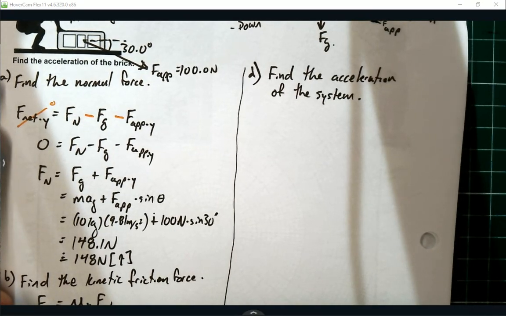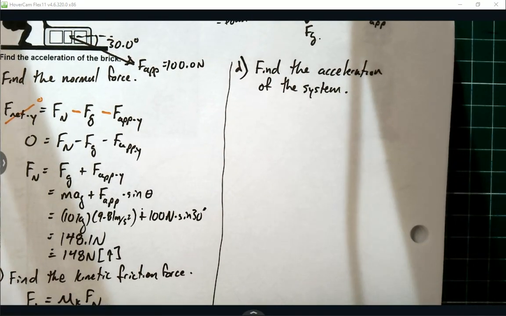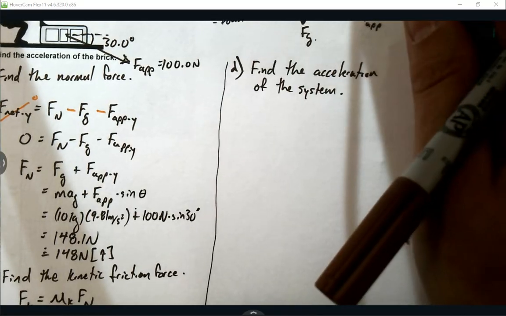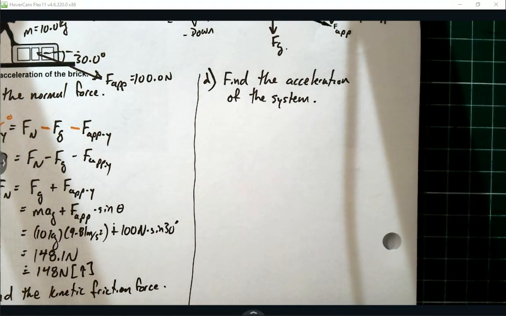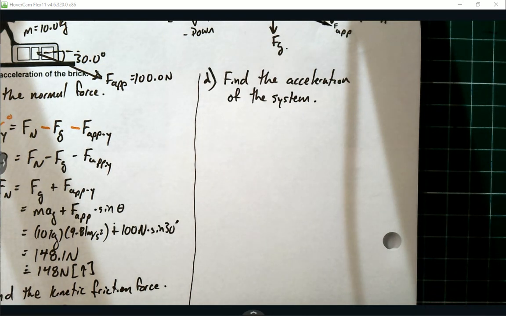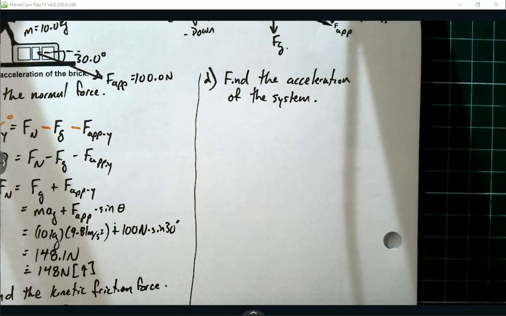Really and truly, you could just jump to part D. In a first-year university program, you could easily see part D as the only question. People say, could you please find the acceleration of the system? And what's more, could you please state a generalized equation for the acceleration of this system? If you had done parts A, B, and C, that would be scaffolding to set you up for this. But if you didn't have the scaffolding, you'd have to figure this out from scratch and work your way to it. That's why I'm doing the scaffolding, so we can get to that point, okay?